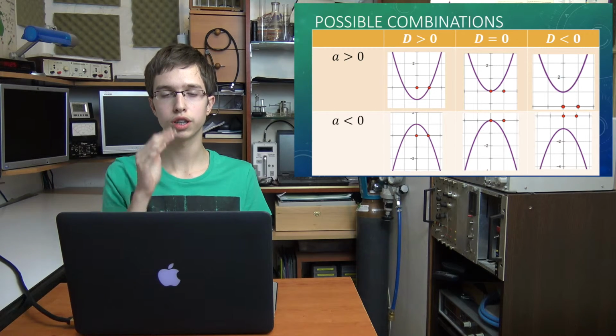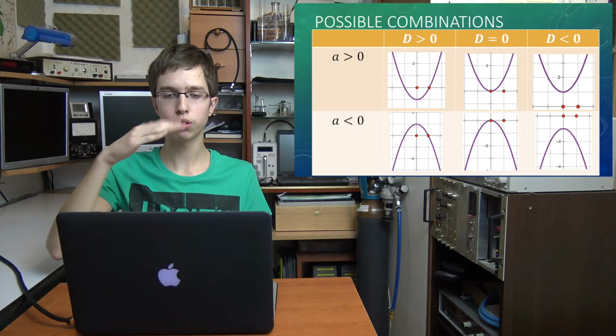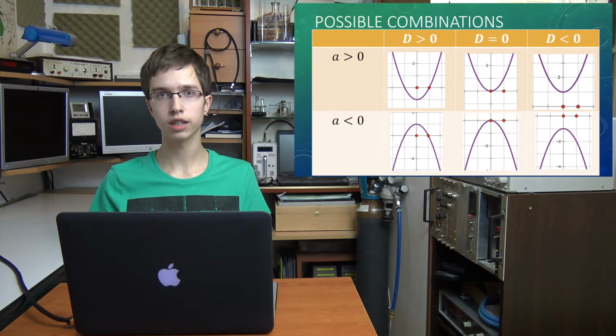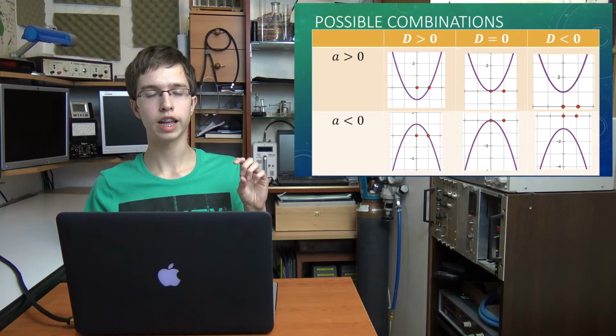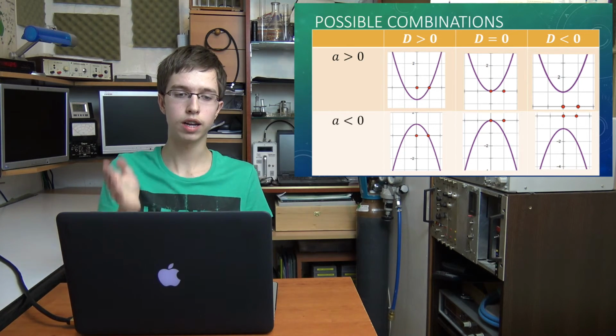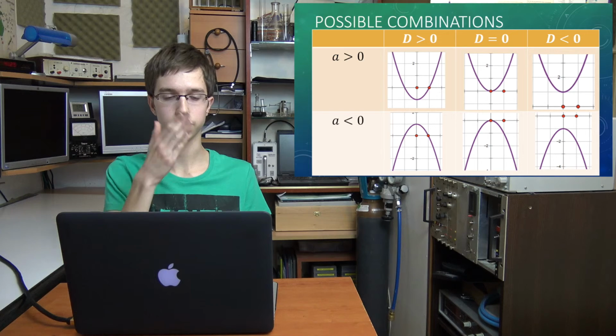When D is equal to 0, it only touches x-axis at 1 point, and when D is smaller than 0, then the graph, so parabola, does not either intersect or touch x-axis. In the second case, when a is smaller than 0, we have a parabola like this one, and these cases are analogous to the cases for a parabola like this one.